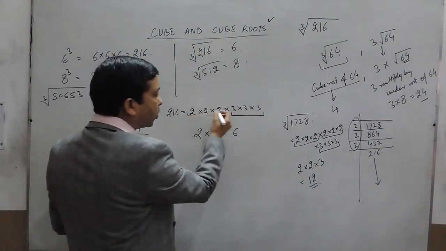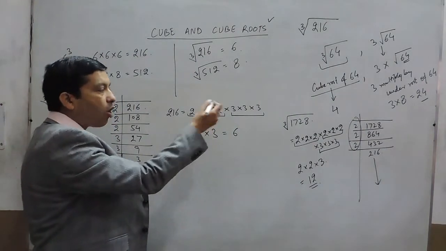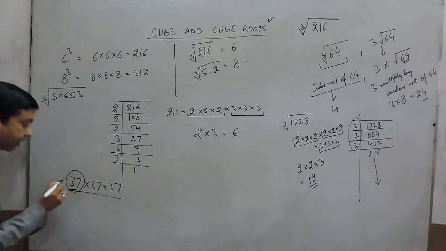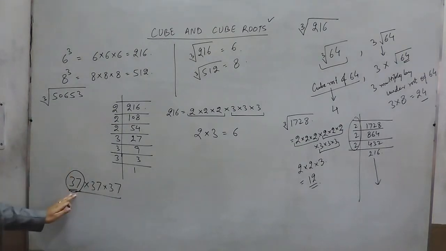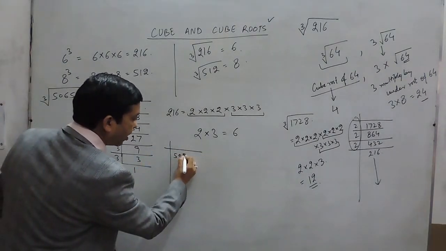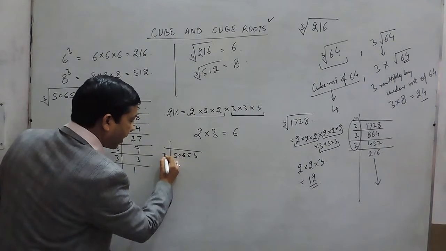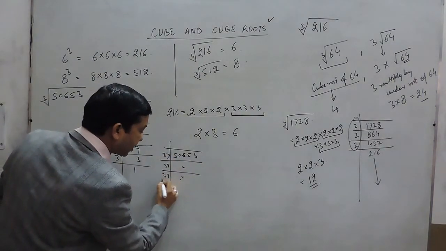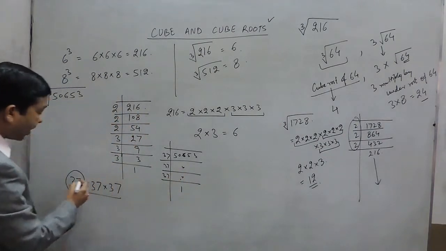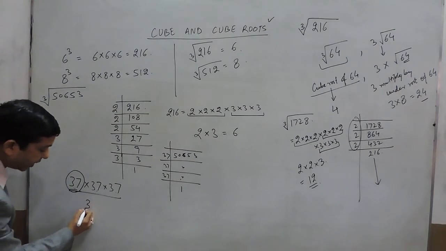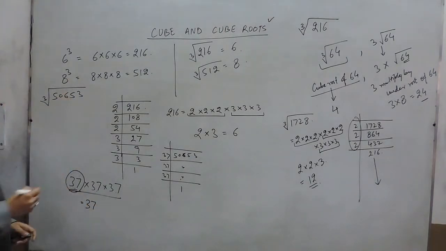Because if the prime factors are 2, 3 or 5, it is easy to find out. But when the prime factor is directly 37, it is very difficult to see that it is divisible by 37 three times. First you divide by 37, get a number, again divide by 37, get a number, and then 37. So it can be written as 37 into 37 into 37.